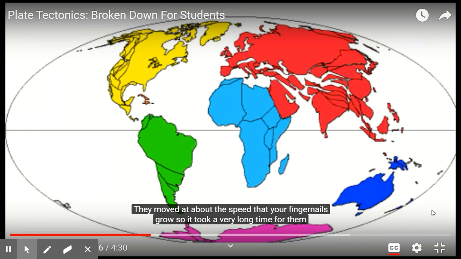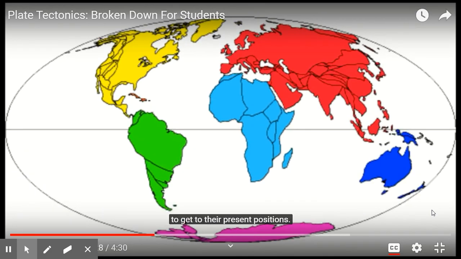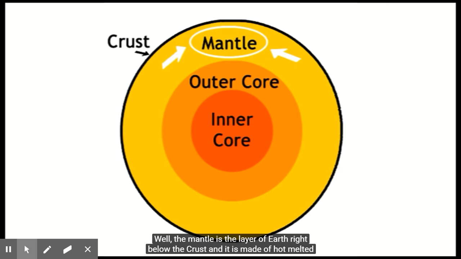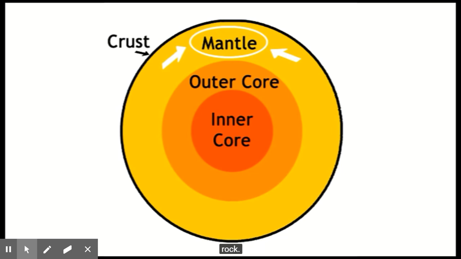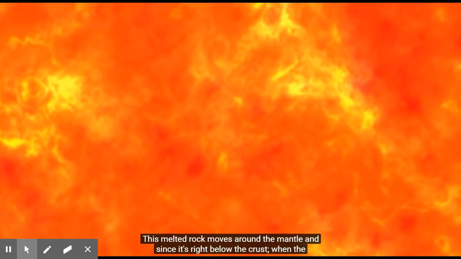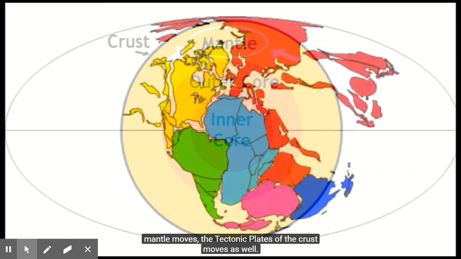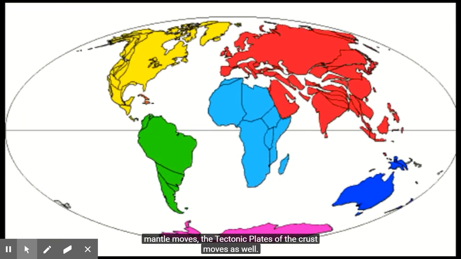That is why we call them giant puzzle pieces. It took a very long time for them to get to their present position. Remember the mantle from earlier? Well, the mantle is the layer of Earth right below the crust, and it is made of hot melted rock. This melted rock moves around the mantle, and since it's right below the crust, when the mantle moves, the tectonic plates of the crust move as well.